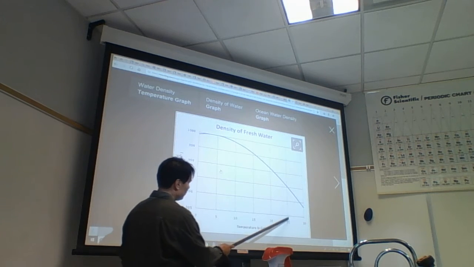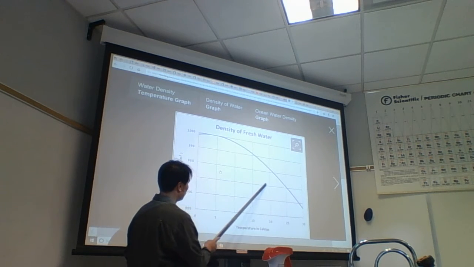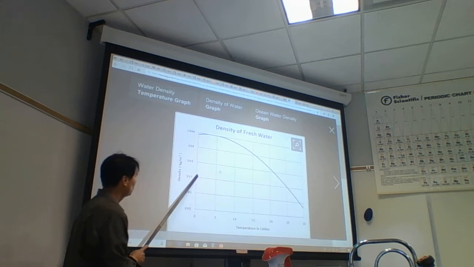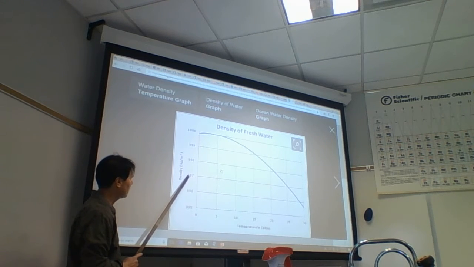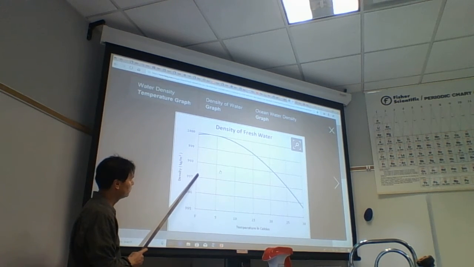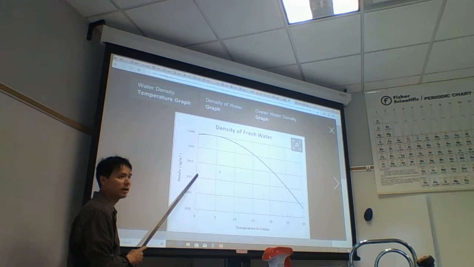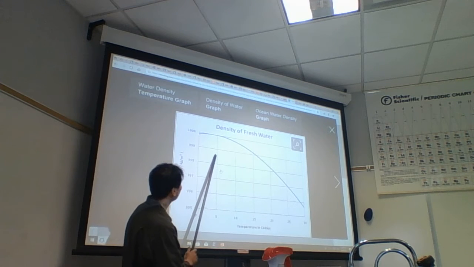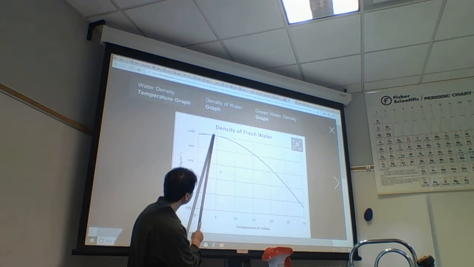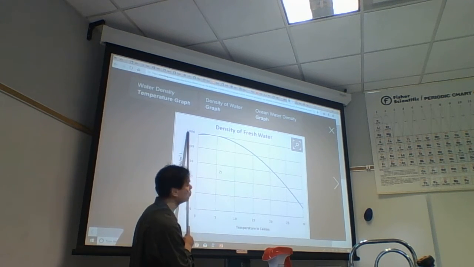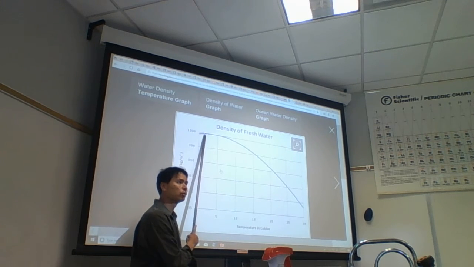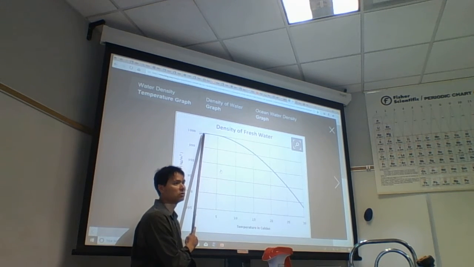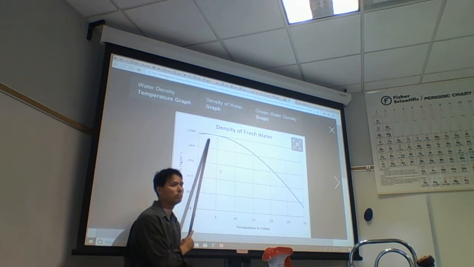Room temperature is 25 degrees C. So what is the density of water? The density of water at 25 degrees C is about 0.9972 grams per cubic centimeter. It's only at about 4.5 degrees C that it hits 1.00. So at 4.5 degrees C, the density of water is actually 1.00.